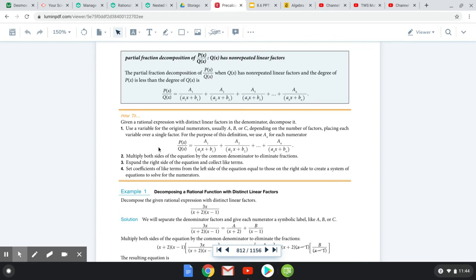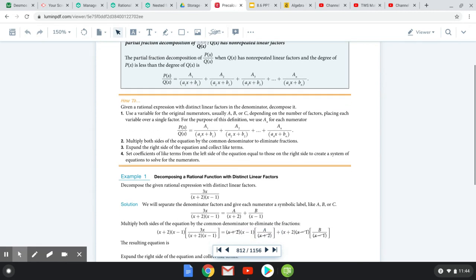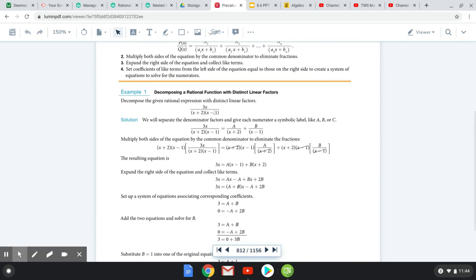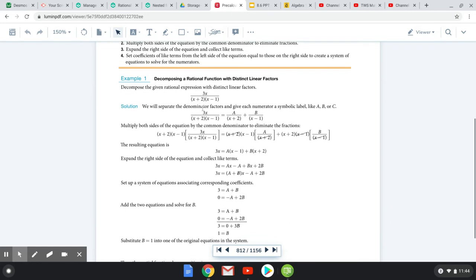So let's do an example of what I'm talking about. Say you're given this rational expression, 3x over x plus 2 times x minus 1. We want to split that up into two fractions where one fraction has x plus 2 in the denominator and the other fraction has x minus 1.